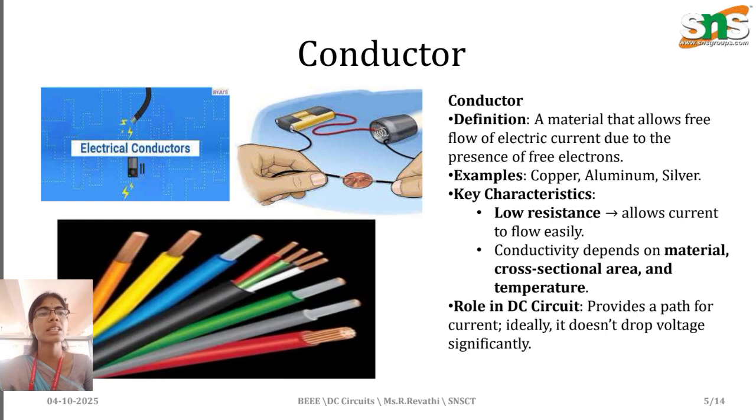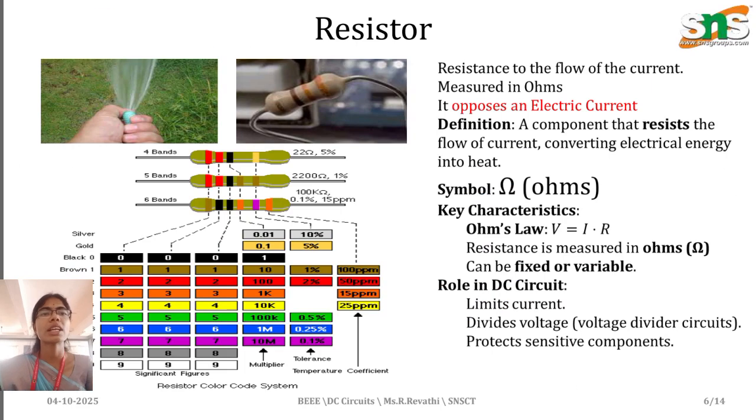Low resistance allows current to flow easily. That is why a wet area has a low resistance path which allows a human to get a shock instantly. The role of a conductor in DC circuits is to provide a path for current; ideally, it doesn't drop voltage significantly. The resistor resists the flow of charges and is measured in ohms.